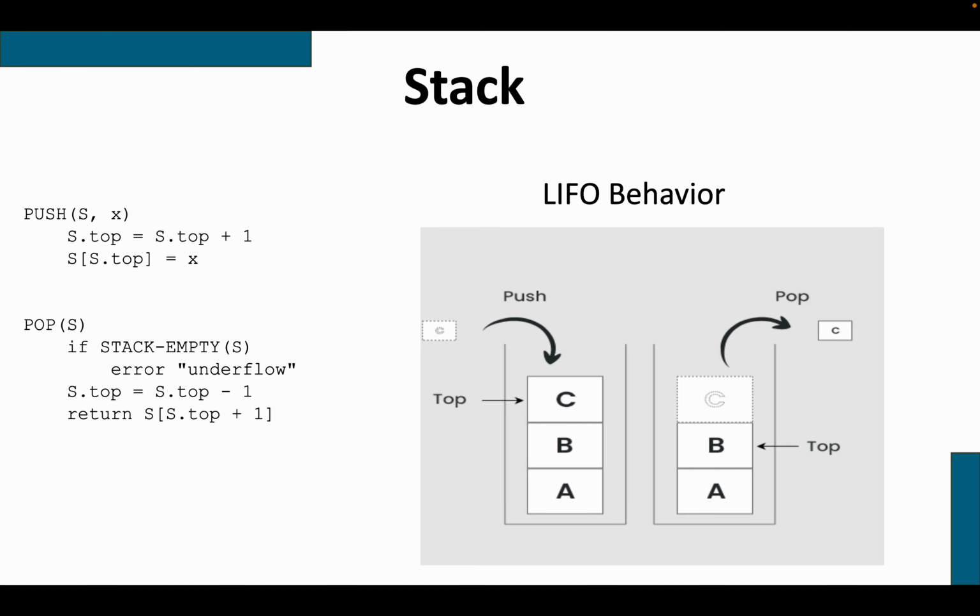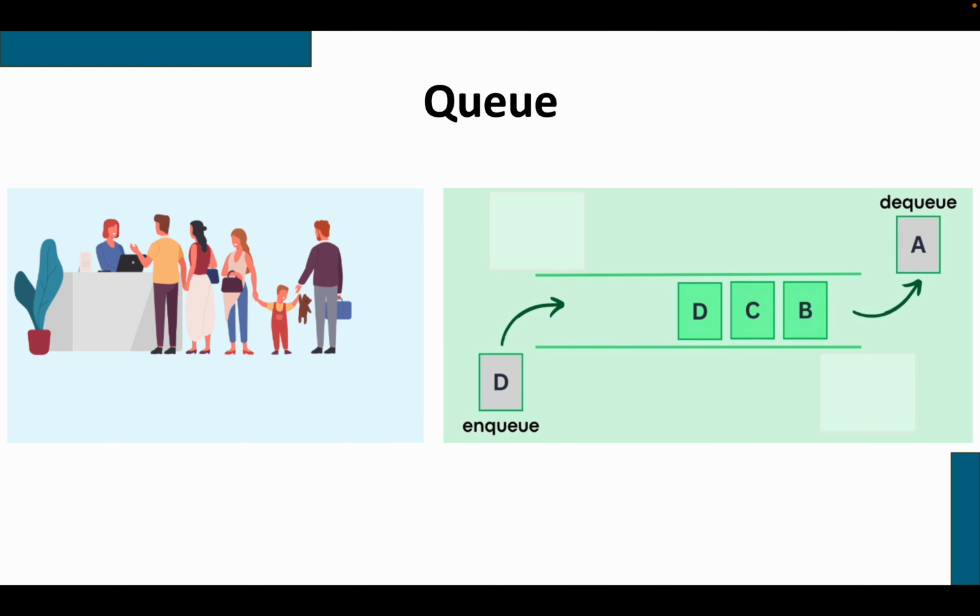As I've said, we have another kind of ADT, and that is the queue. The queue is like when you think you are in the airport, and we have some different people that want to fly, for example, to London.